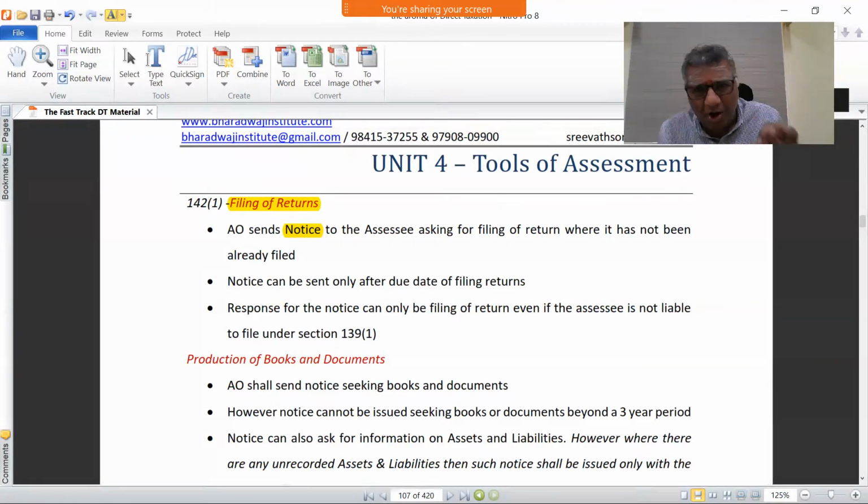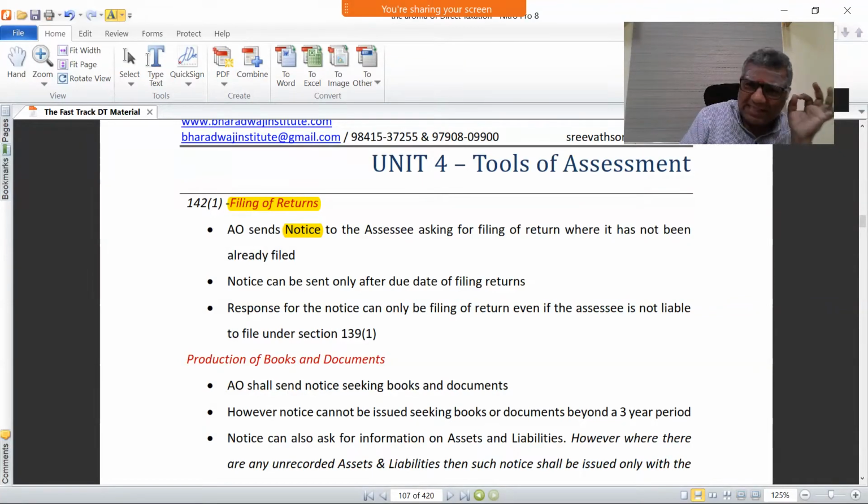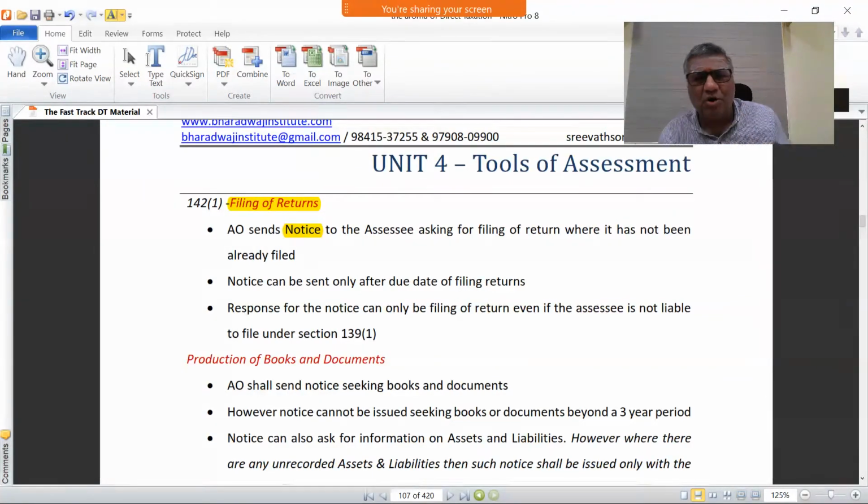And the response to this can only be filing of return. The response cannot be, I am not required to file my return. Why should I file? When the information is sought from you, when a notice is sent to you, you can only respond favorably. So the response can be only, okay, go ahead and file your return.